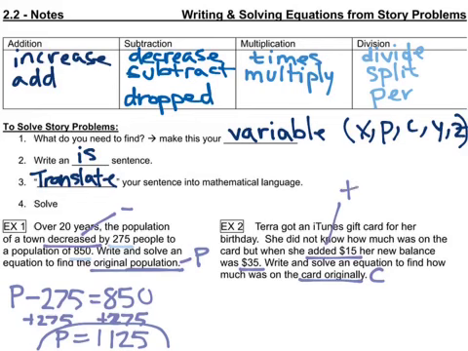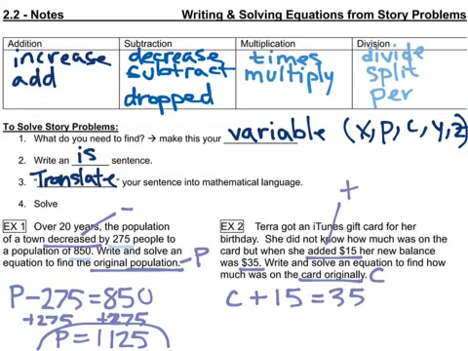So the original card, she took the original card and added 15, and her new balance is 35. So the original card plus 15 is $35. So that would be the equation that you'd come up with to figure out what's on the card originally.